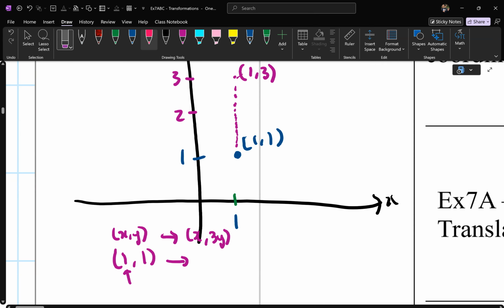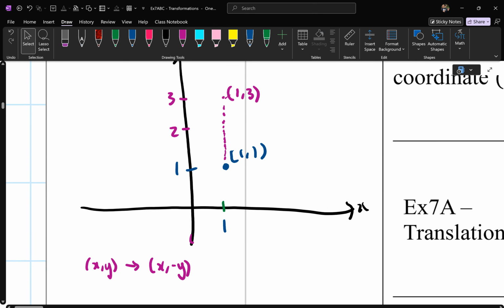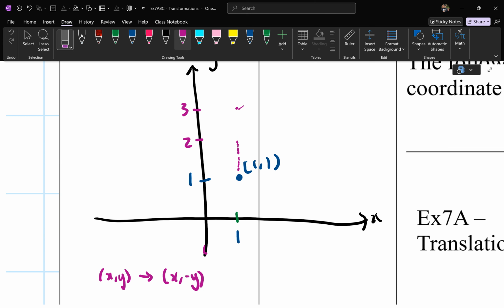If I put a negative on the y, okay, so let's read the mapping notation. I'm going to switch it all again. If I gave you x, y, and I said it's going to map to a negative on the y value. So if I gave you the point 1, 1, where would it end up? If this is my mapping notation, whatever x, y coordinate you have, we are going to make it x, negative y.